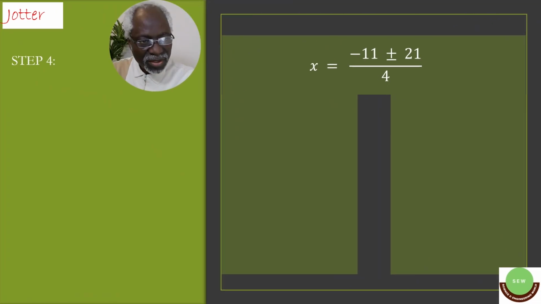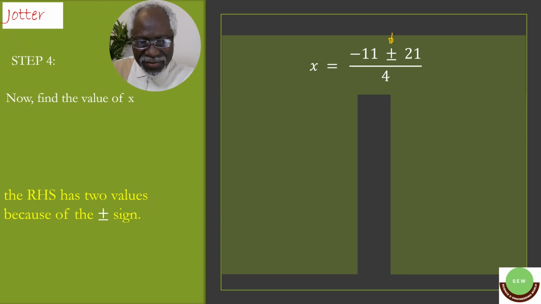In step 4, we want to find x. And because of the plus or minus we have here, we are going to have two values of x. So the first one will be minus 11 plus 21 and the other minus 11 minus 21, all over 4.